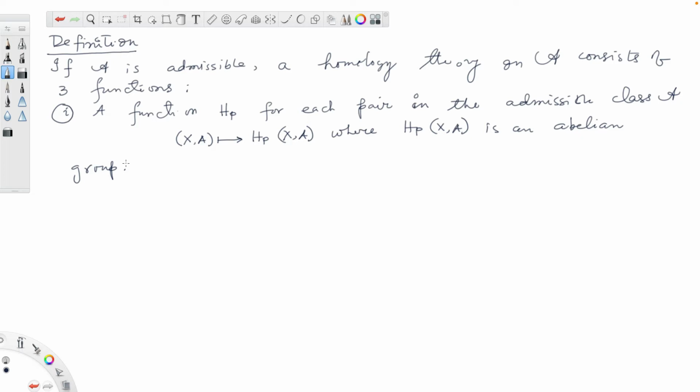So this functor takes the objects from the first category of admissible pairs of topological spaces to abelian groups, which are objects in the category of abelian groups. Okay. So that's the first ingredient of the morphisms in the picture.